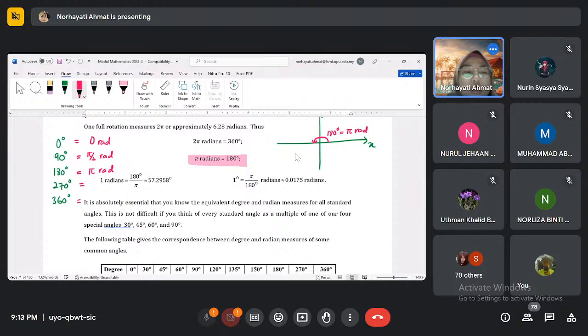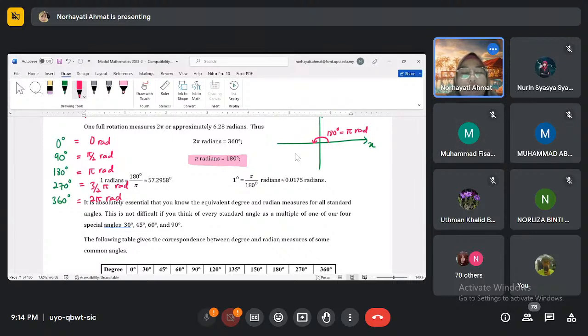How about 270? Okay, mungkin susah nak kira 270 degree. Okay, 360 degree is 2 pi rad kan? Okay, 2 pi rad. Okay, so yang ini? 3/2 rad. Good. 3 over 2 pi rad. Bukan 3/2 rad. 3 over 2 pi rad.